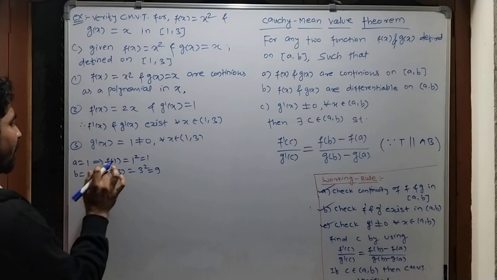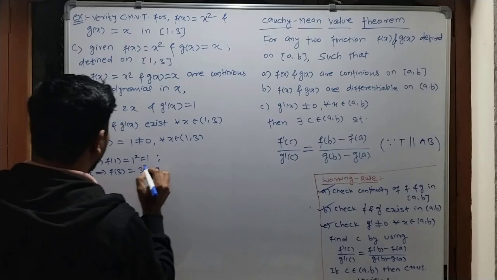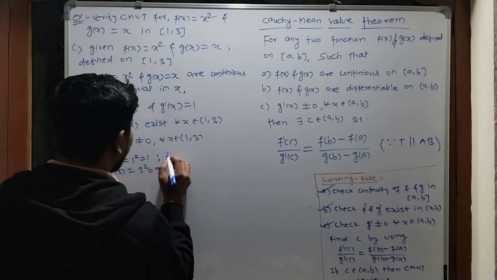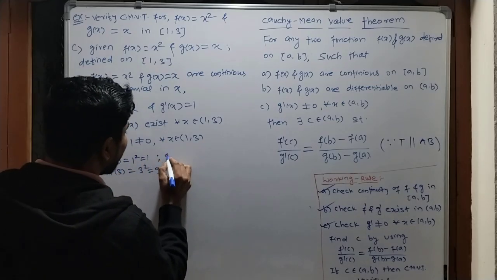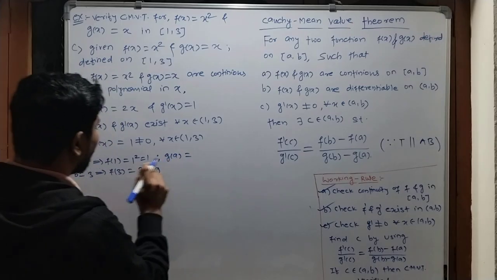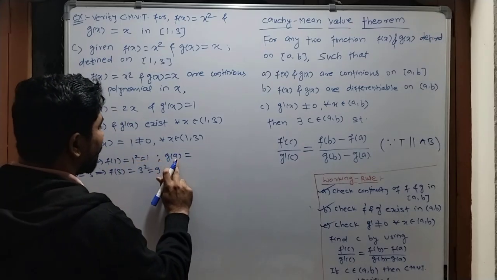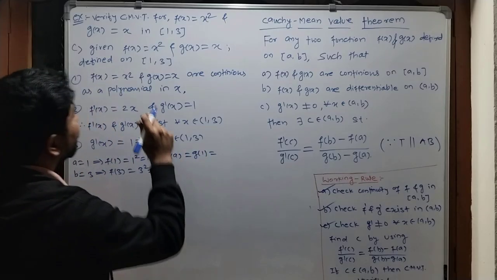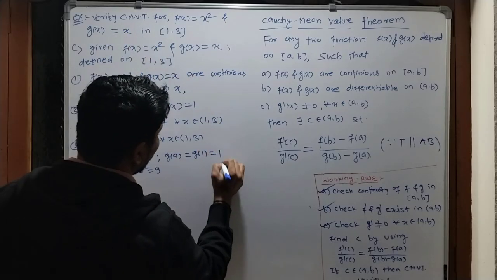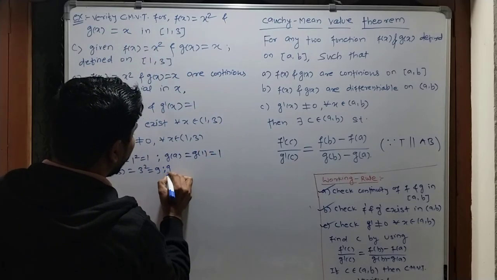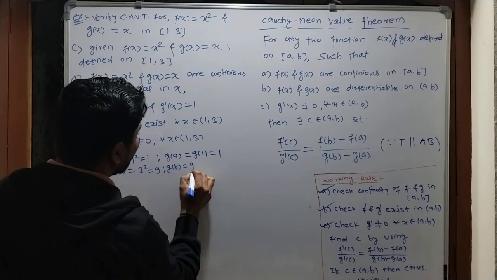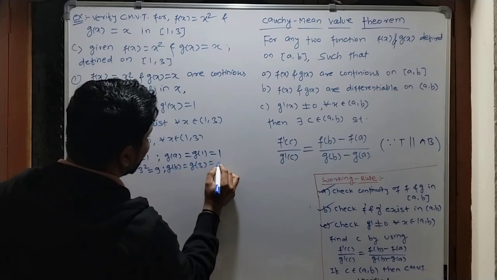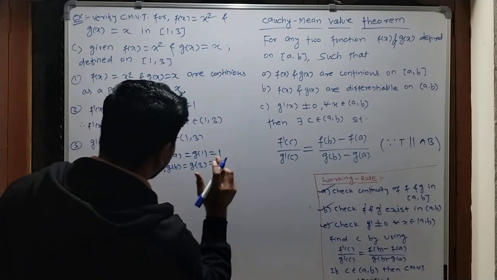In the same way I will find g(a). Here a equal to 1, therefore g(a) means g(1), which is equal to 1, since g(x) is x. Now g(b) equal to g(3), which is equal to 3, since g(x) is x.